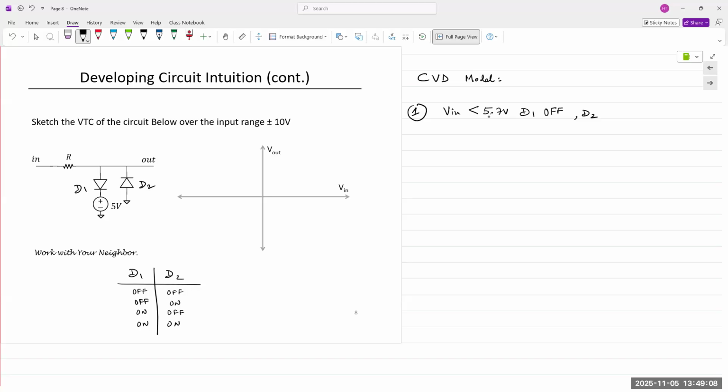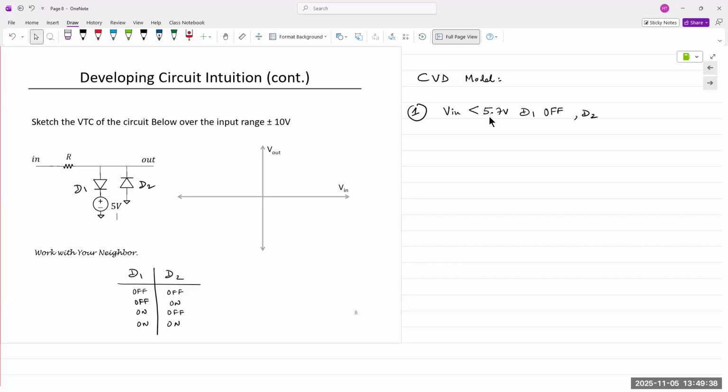If V in is less than 5.7 volts, what about D2? Check the connections. Is there a voltage source or a fixed voltage connected at any end of D2? Right there.